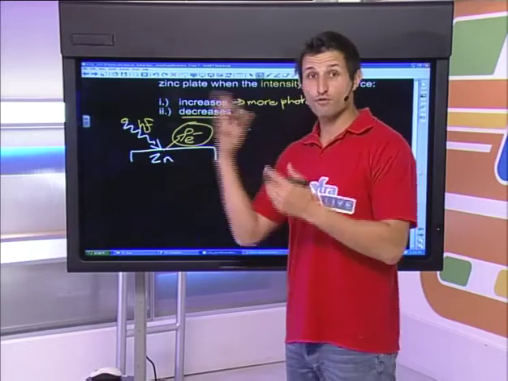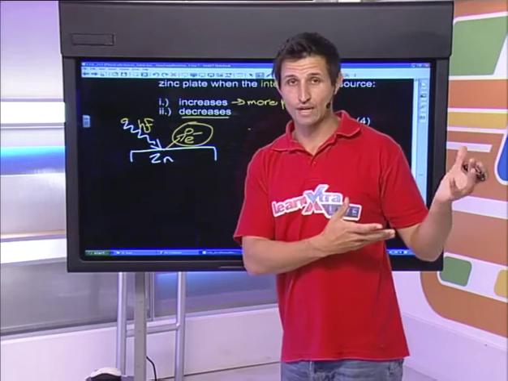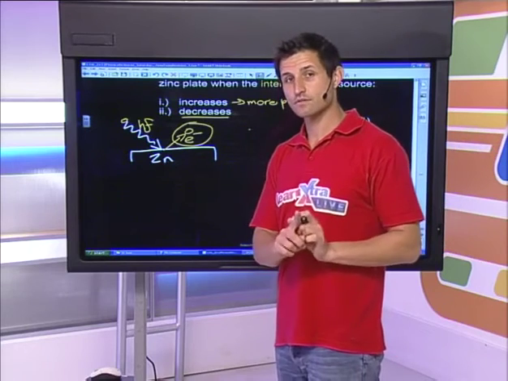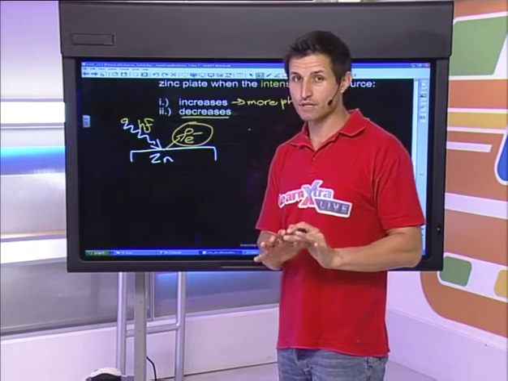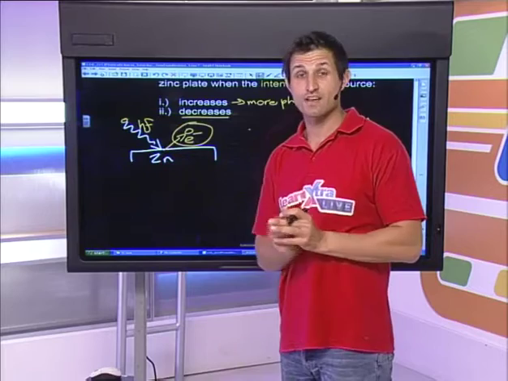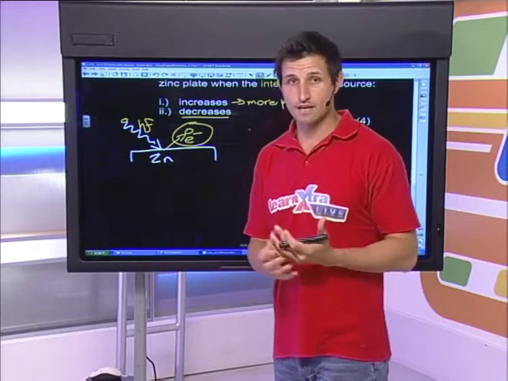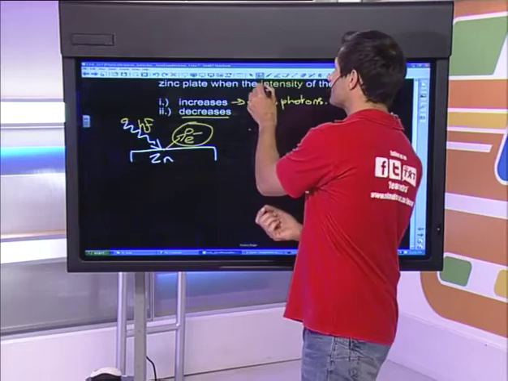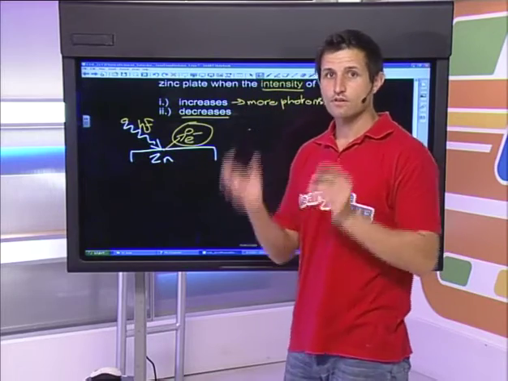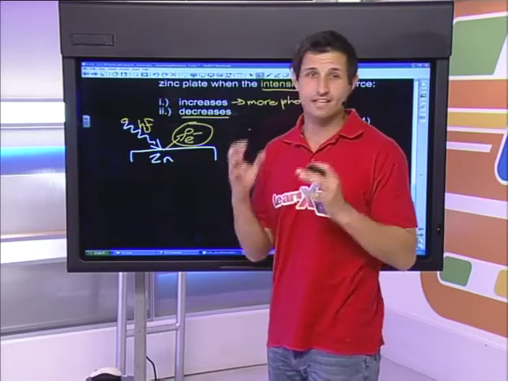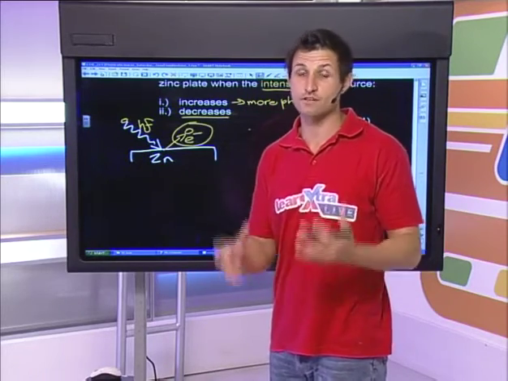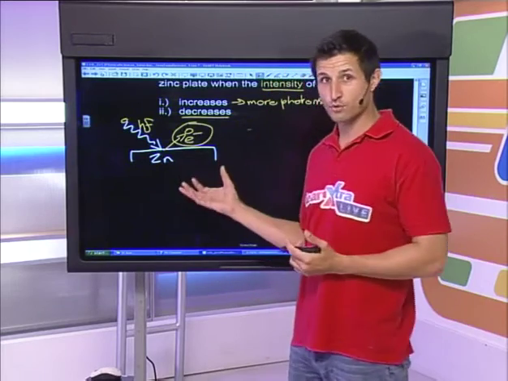If I've got more photons, I'll have more electrons. But here's the second thing that I talked about. Each photon carries with it the same amount of energy. Doesn't matter how bright or how intense the light is. Those photoelectrons are going to have exactly the same amount of energy as they did before. That's hugely important to realize.